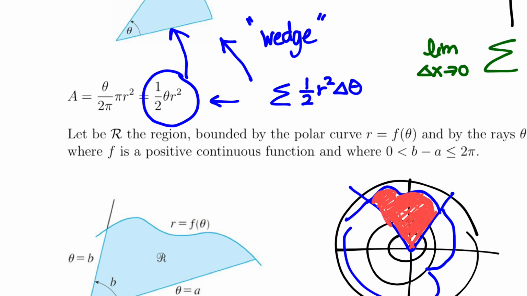And so what I'm really doing is taking 1/2 r squared times that change in theta, adding all of those up and shrinking theta to 0. So I'm going to take the limit as that change in theta goes to 0. So you can see this is setting me up for an integral, but the integral is going to have a d theta at the back end and a 1/2 r squared in it.